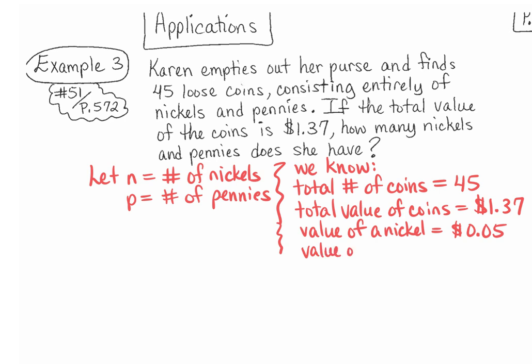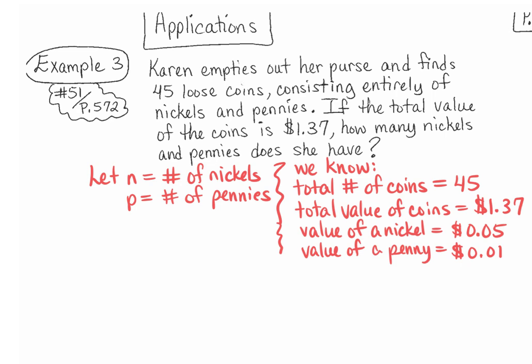Value of a penny is what? 0.01. Good. Do we know anything else? No, that's what we know. Now we need to figure out what N is and what P is.